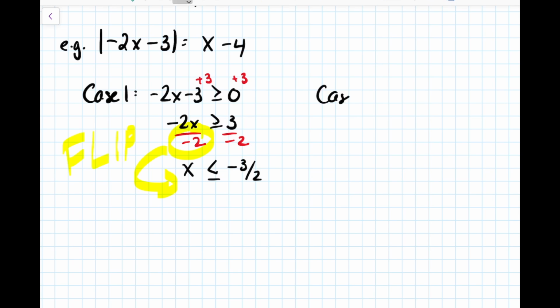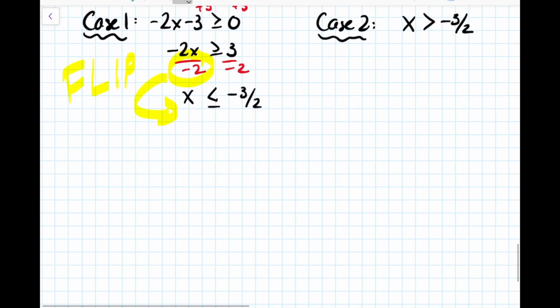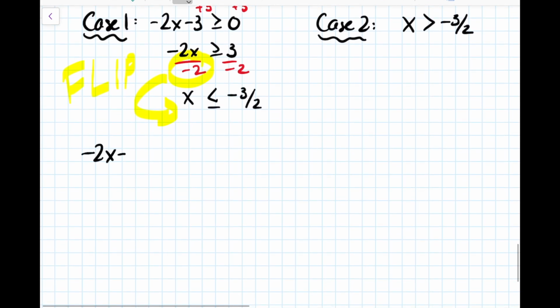Case 2 is going to be the same thing, of course, but the opposite: x is greater than -3/2. So if we do our solving now, for case 1, -2x minus 3 equals x minus 4. I'm going to add 2x to both sides to get those x's over to the right to make them all positive.